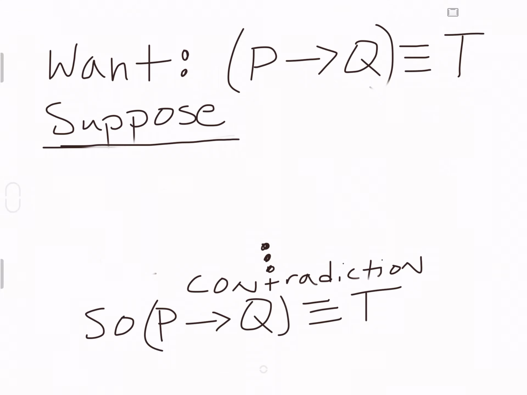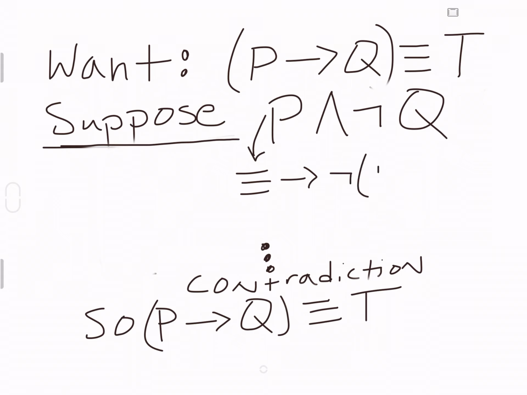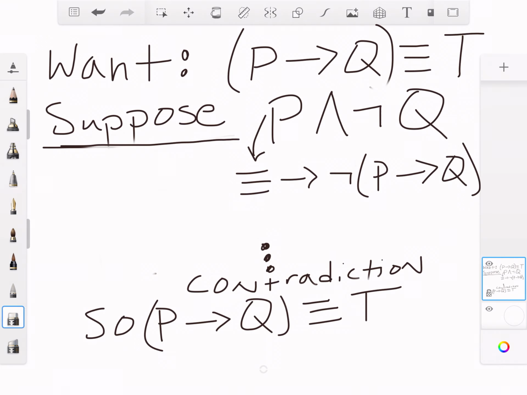You suppose P and not Q. Remember that since this is equivalent to not (P implies Q), what we're saying is that we suppose P implies Q is false. And so then its negation must be true.